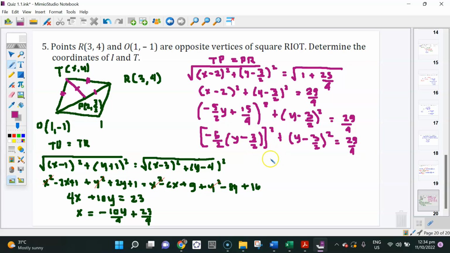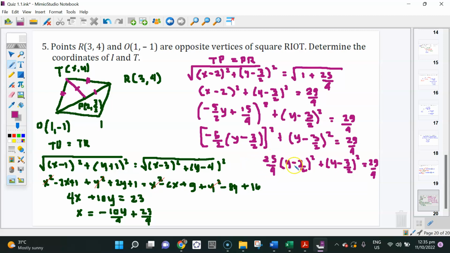Squaring this one, this will become 25 over 4 times (y minus 3 halves) squared, plus (y minus 3 halves) squared equals 29 over 4.